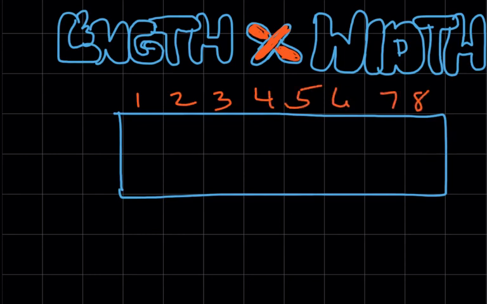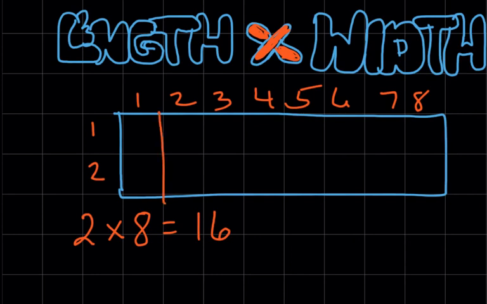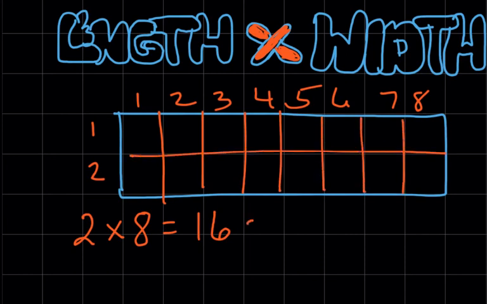And then along the side, 1, 2. We have 2 rows of 8. That equals 16. Let's say that we define these square units as meters. We would say that we have 16 square meters.